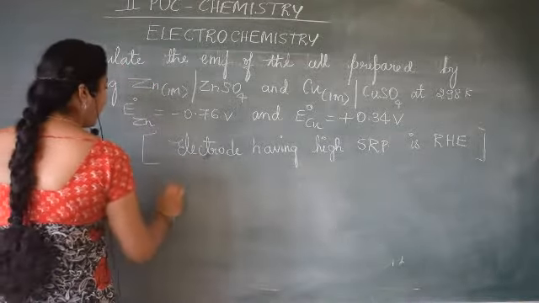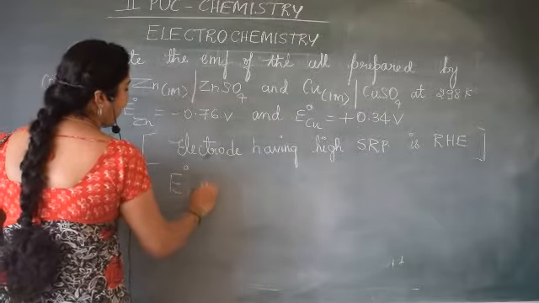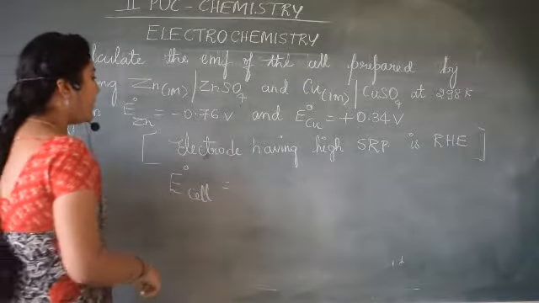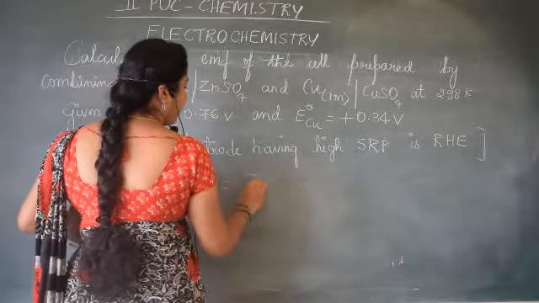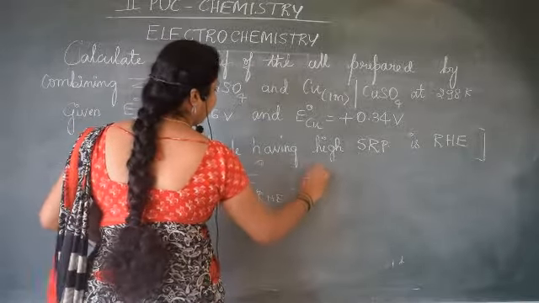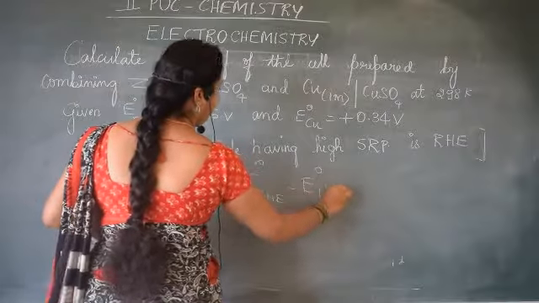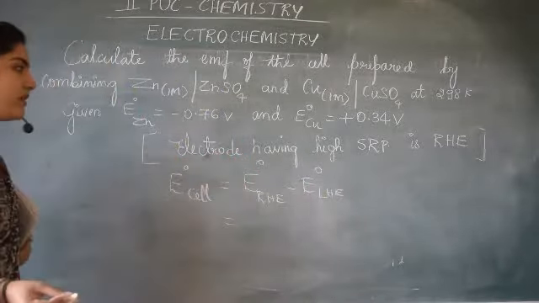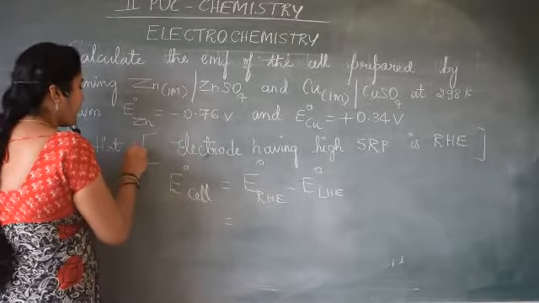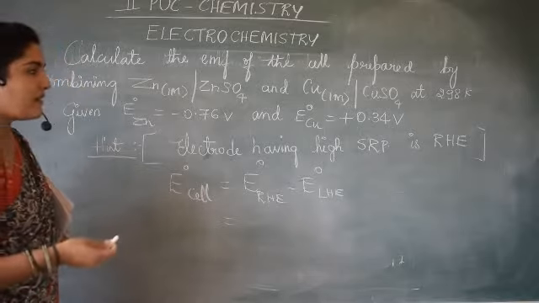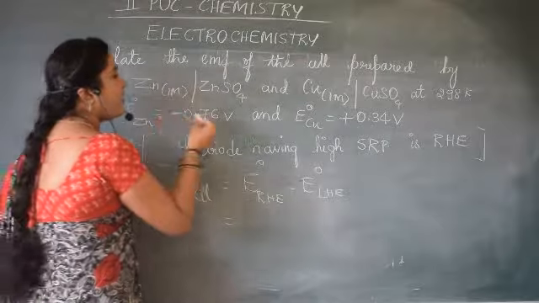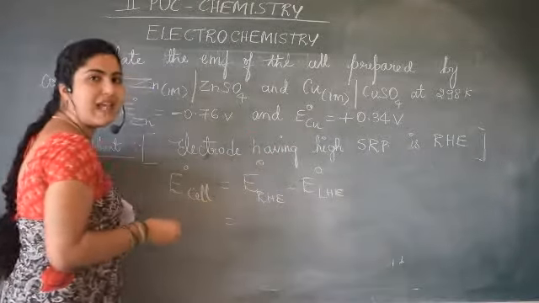Therefore, we are asked to calculate the EMF of the cell. It's nothing but E naught of cell, which is equal to E naught of RHE minus E naught of LHE. What is E naught of RHE? Higher the value of standard reduction potential, it will be the right hand electrode. This is minus 0.76 for zinc, but for copper it is plus 0.34, which is highest for copper.